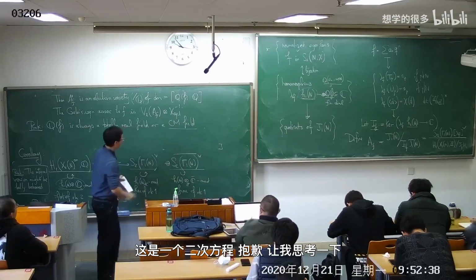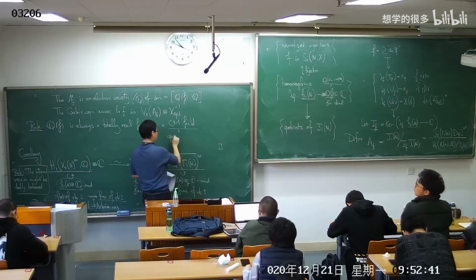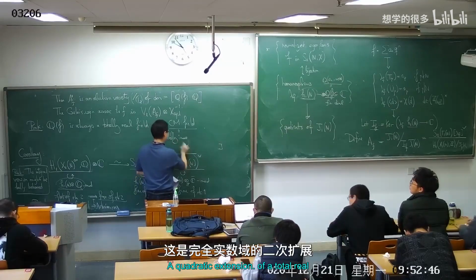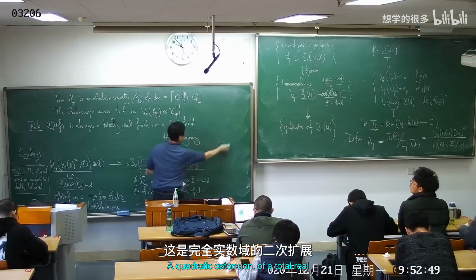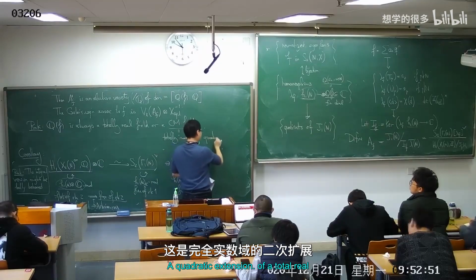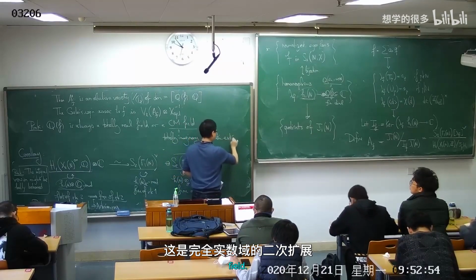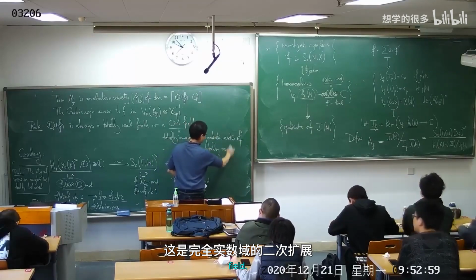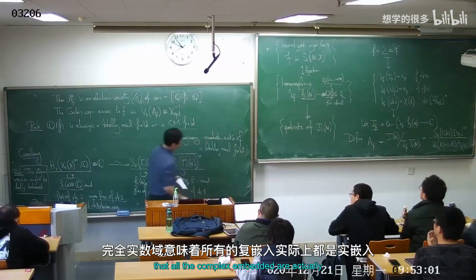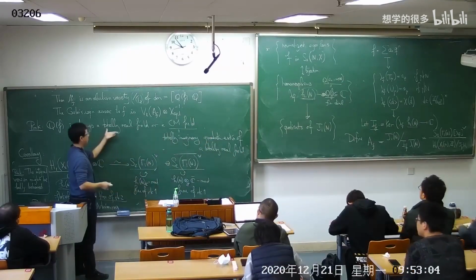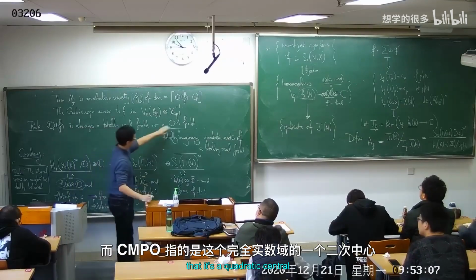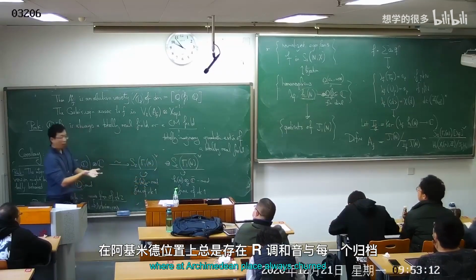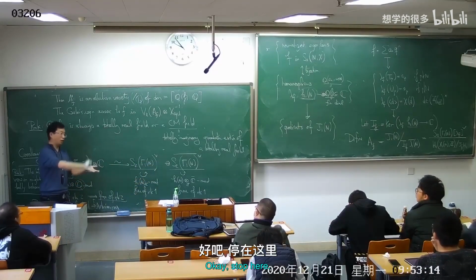This is a totally imaginary quadratic extension of a totally real field. Totally real field means that all the complex embeddings are actually real embeddings. And a CM field means that it's a quadratic extension of a totally real field, where at each Archimedean place it changes R to C. Okay, stop here.